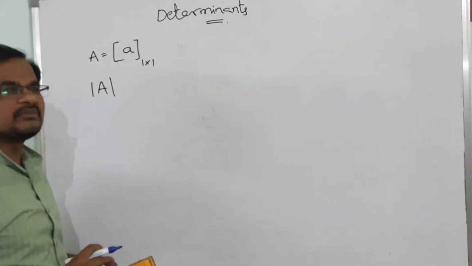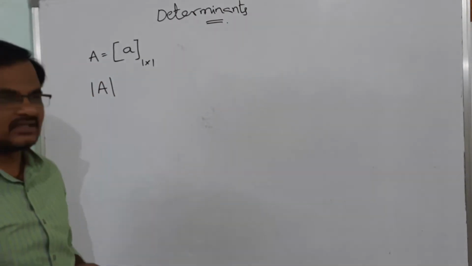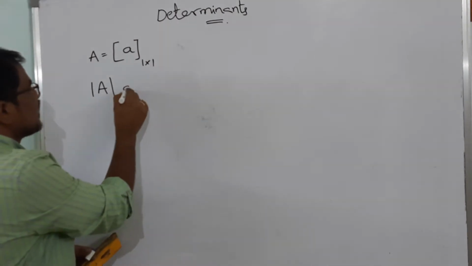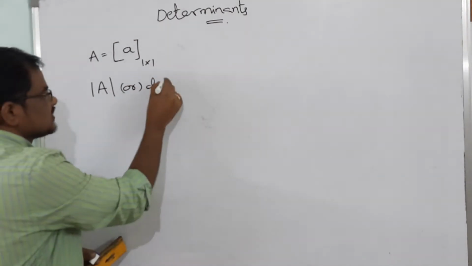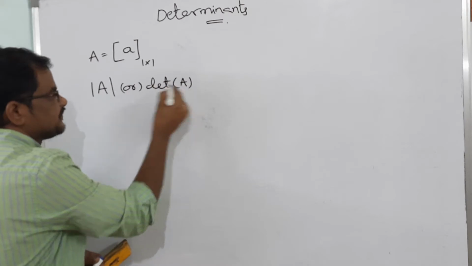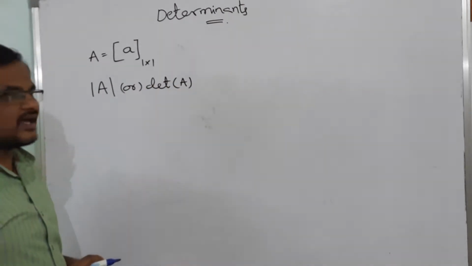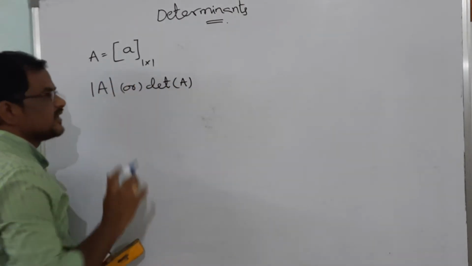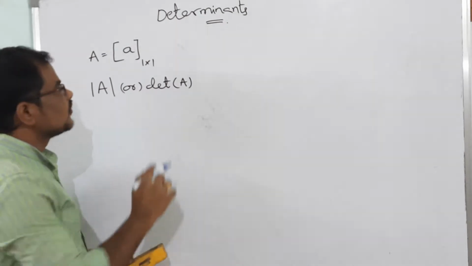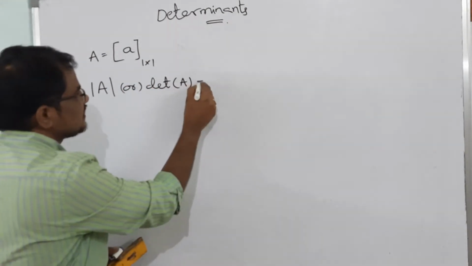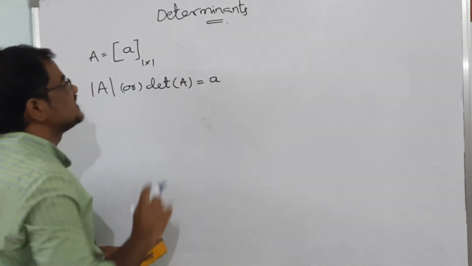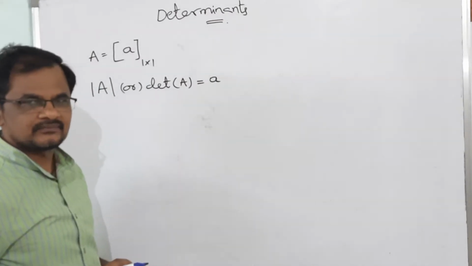It is a determinant symbol, not modulus. Or you can write it as det of A, and the determinant of a matrix of order 1 is the element itself, you will get A.